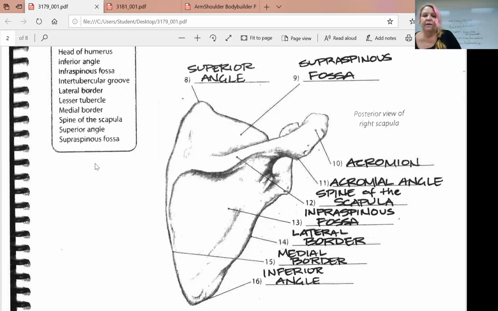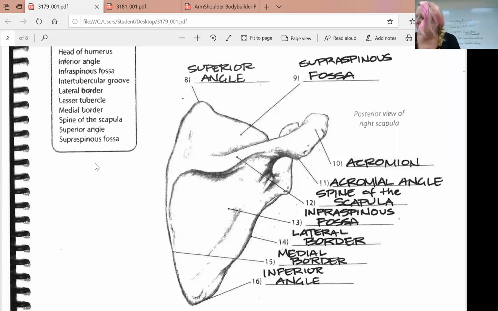We have the acromial angle as it comes out and starts to become the spine of the scapula. And actually it's not on here, but a lot of times we call that space where we see the acromion and it comes around to the acromial angle and it starts to come down into the spine of the scapula, where it disappears into that medial side of the scapula, we sometimes call that the root of the spine.